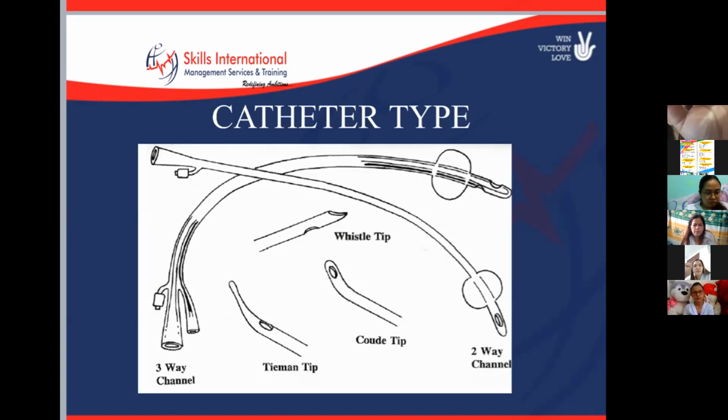If they ask you to bring a three-way channel, this is how it looks. Sometimes in the hospital, the nurses will ask you to bring a catheter with a three-way channel or whistle tip from the nursing station. So at least you are able to familiarize yourself and know how they look. Okay.